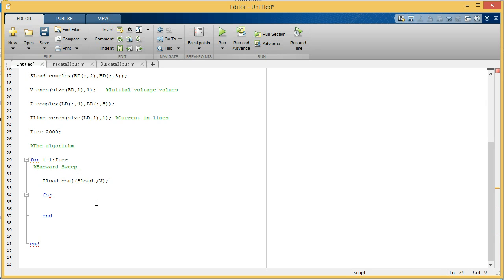So in this loop we are going to start from the end of the feeder, and therefore we are going to define it as J from size LD and 1, and go back to the beginning of the feeder. So I'm gonna write start from the end of the feeder.